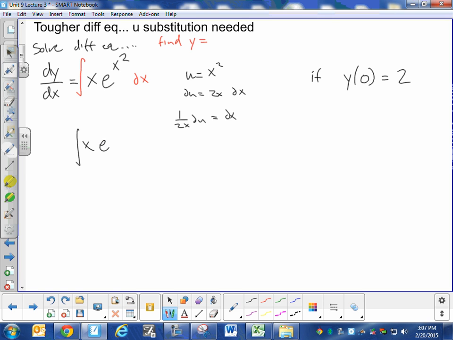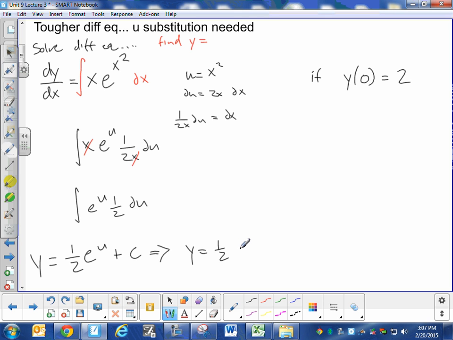We'll have x e to the u, replacing dx, I'll have 1 over 2x du. X's cancel. I have the antiderivative of e to the u times a half. Well, that antiderivative is just 1/2 e to the u plus c. Well, that's going to be your y, but of course we can go back and replace the u with x squared. And we now have our general solution.